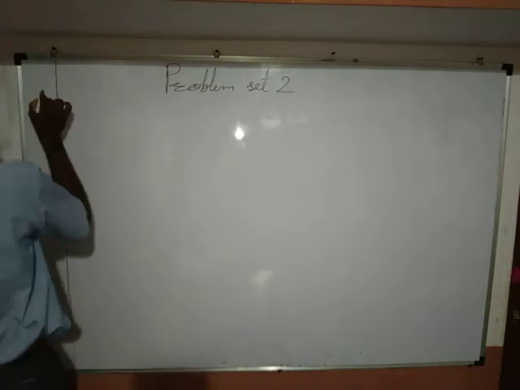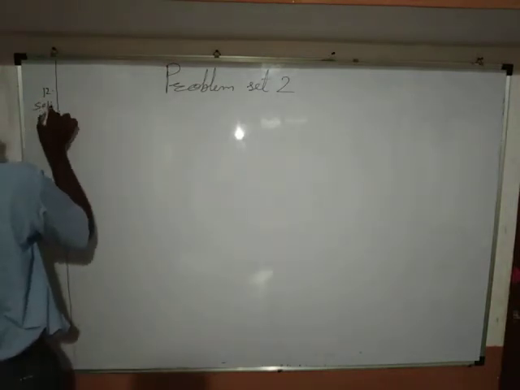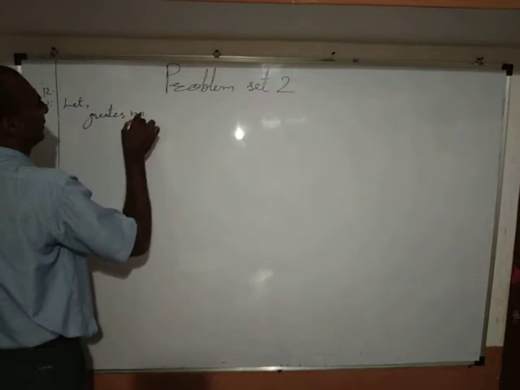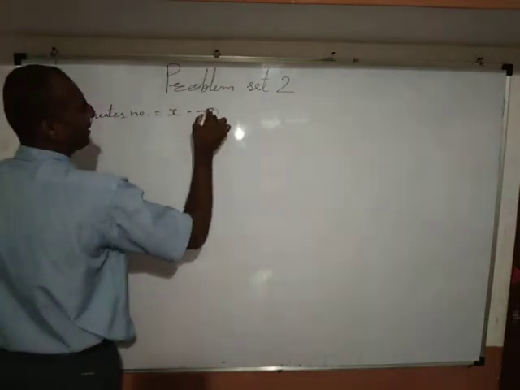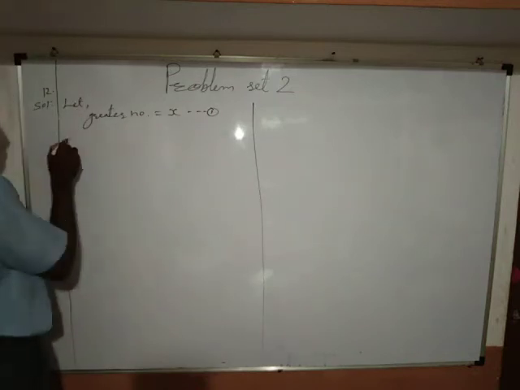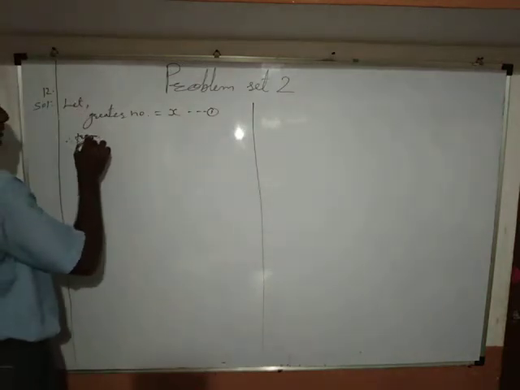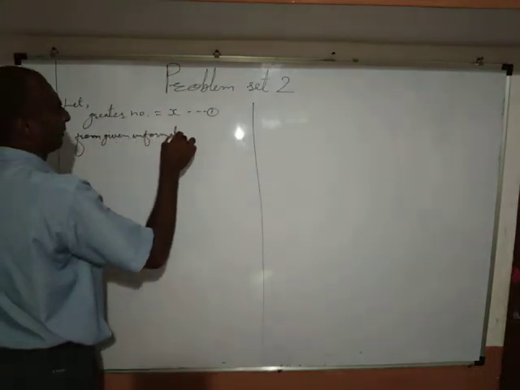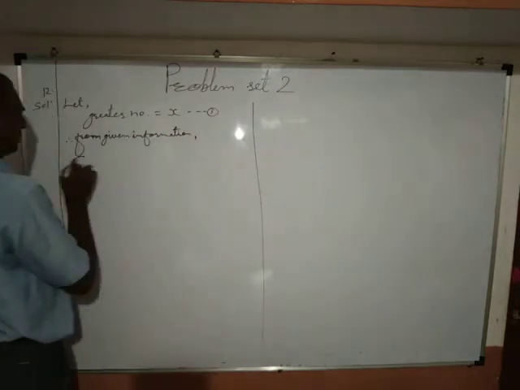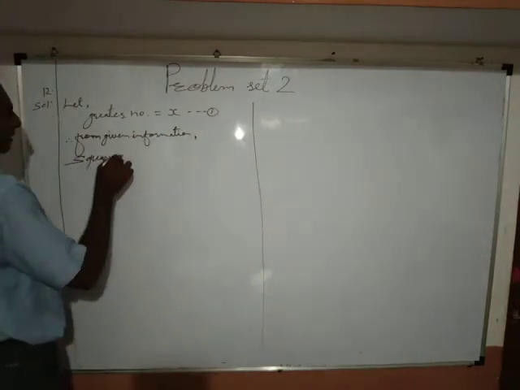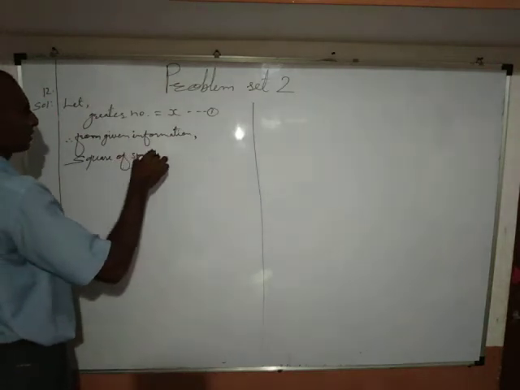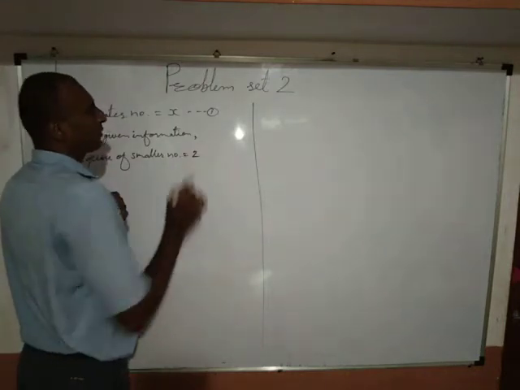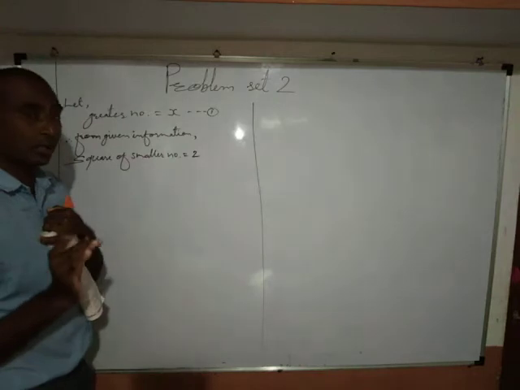Question 12. Solution. Let the greater number equal x. Let's call it equation first. And therefore, from the given information, the square of the smaller number equals twice the greater number, not twice the square of the greater number.